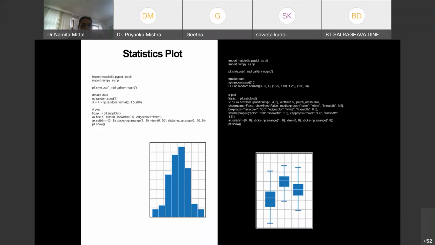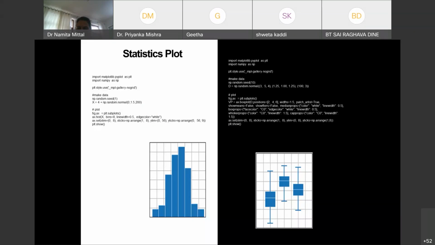So this is an example of what? Histogram. You know what we mean by histogram? Suppose we have some values having a frequency. The first bar in the histogram is for a range, suppose 0 to 10, 10 to 20, 20 to 30, 30 to 40, 40 to 50.